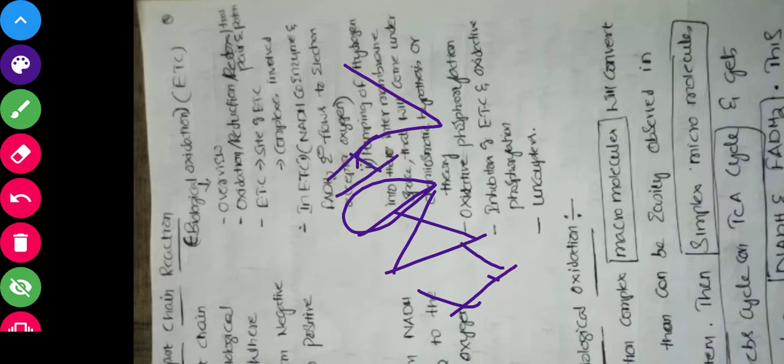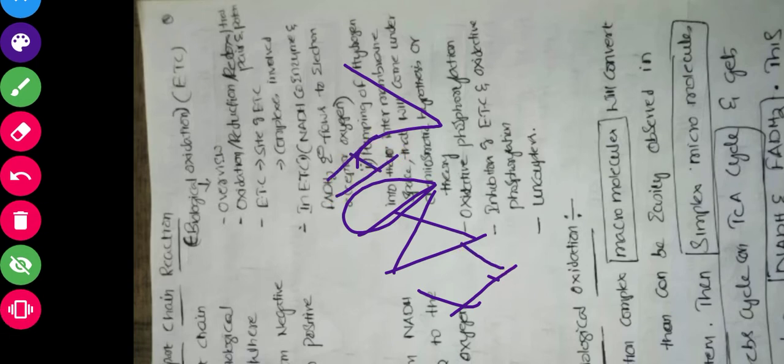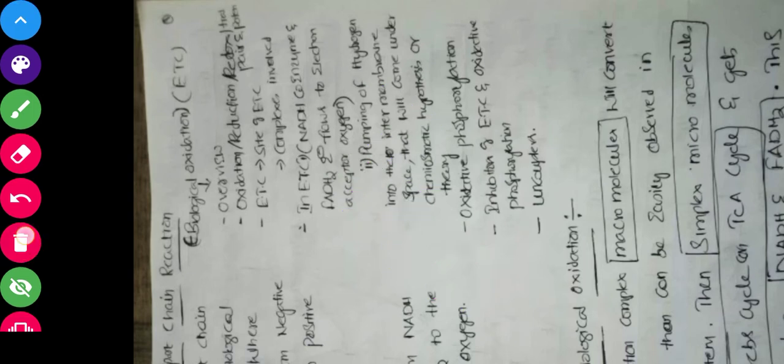The electrons will flow from here to complex 3. From complex 3 it will go to complex 4. Finally it will reach the oxygen, where it will form water. You will see in the electron transport chain how the electrons flow from one complex to another.